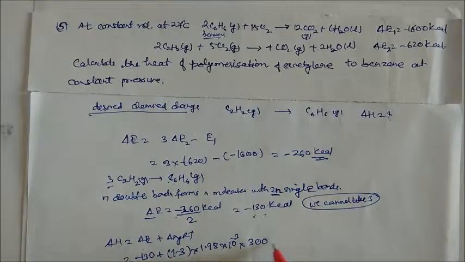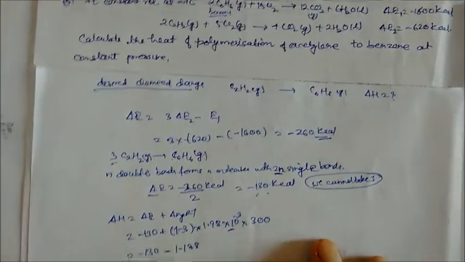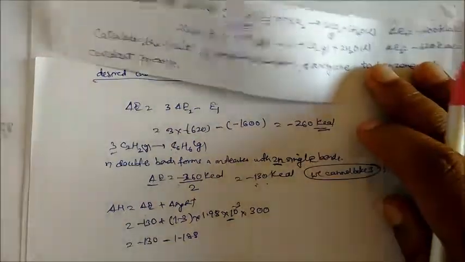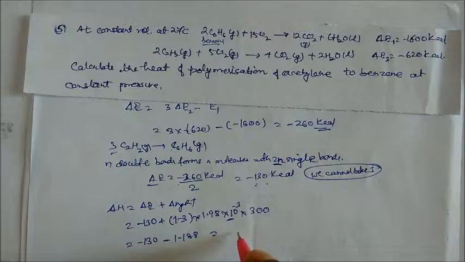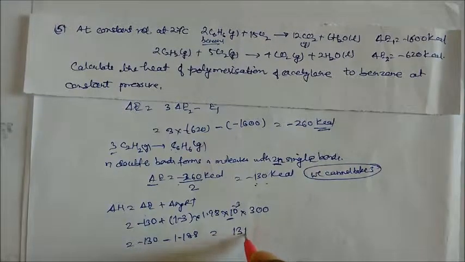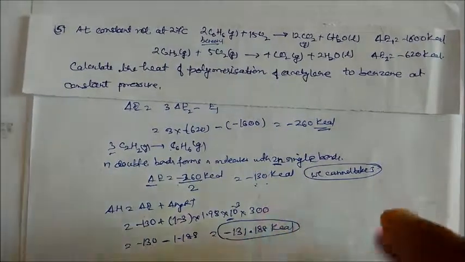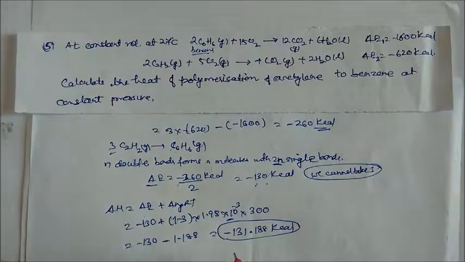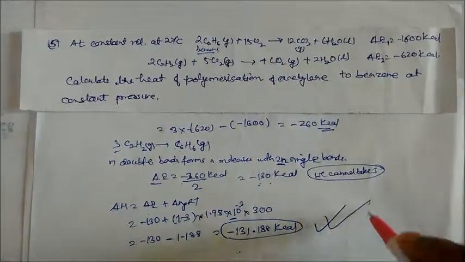So this will be minus 130 minus 1.188, so we get a value of about minus 131.188 kilocalorie. This is basically our answer for this equation, the heat of polymerization of acetylene to benzene.